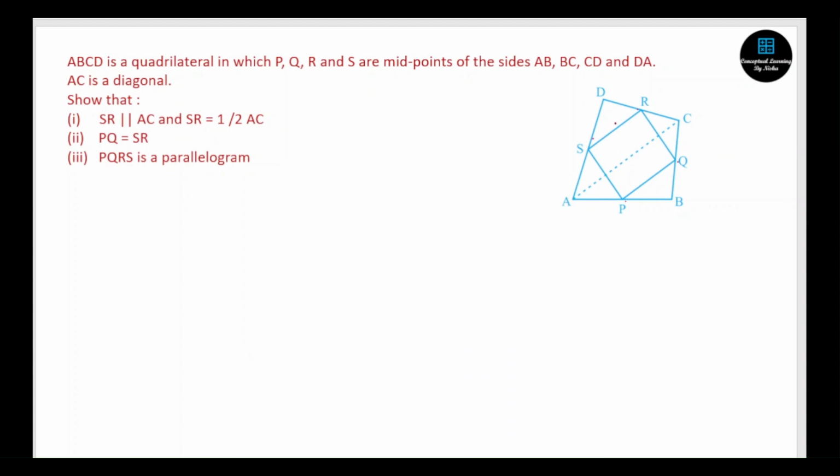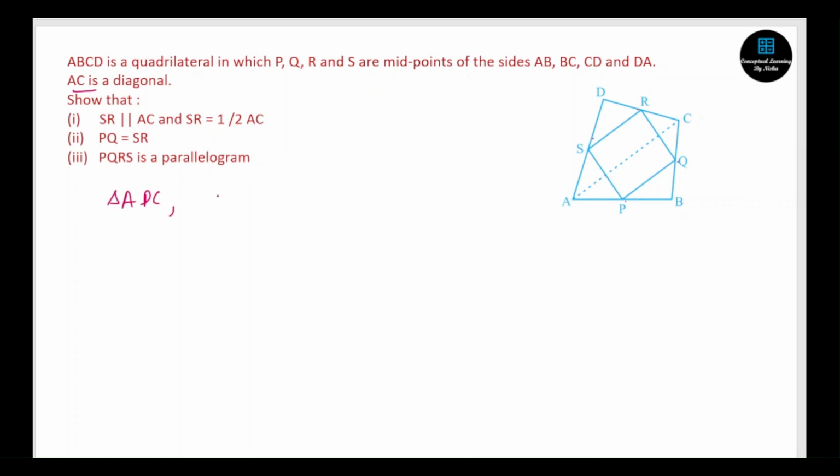Then we have to prove that SR is parallel to AC, SR is half of AC, PQ is equal to SR and PQRS is a parallelogram. Many of you will tell, ma'am, this is so easy. So how is it easy? See, they have given the hint, right? AC is the diagonal. They have given the hint. So which triangle do I take? Yes, very good. Triangle ADC.